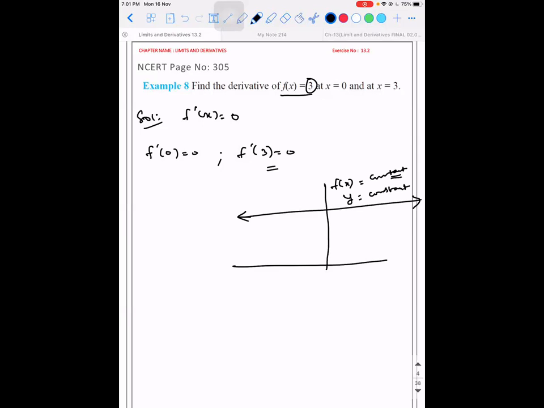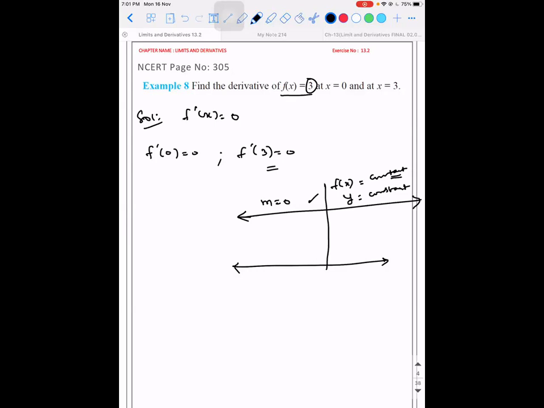What is the slope of a line which is parallel to x-axis? I've told this many times, and you have written a test also. It's 0.